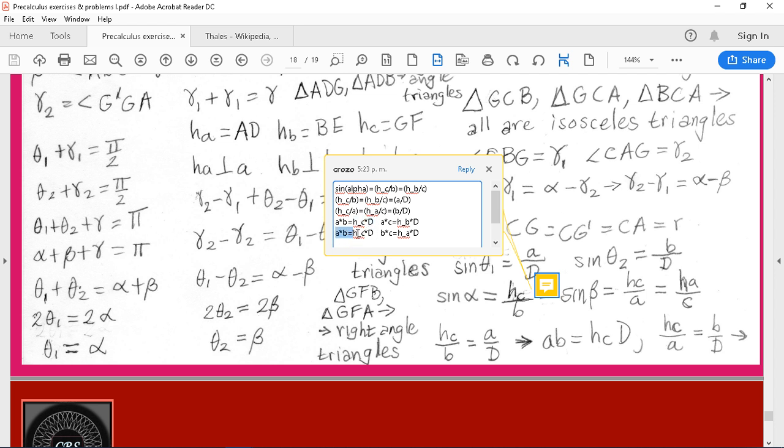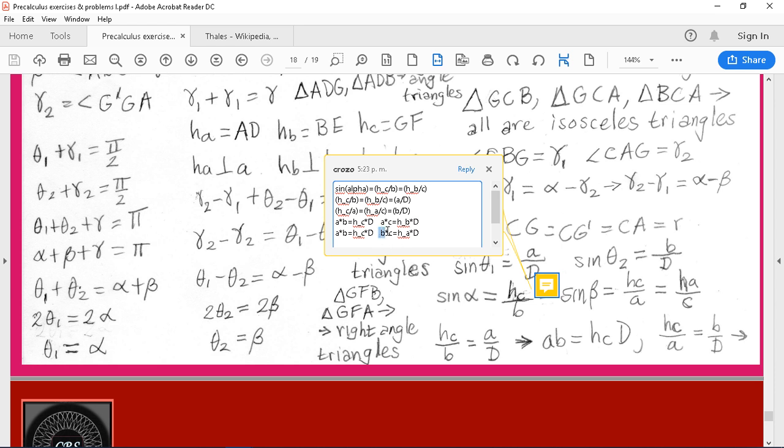And here we have a times c, the third side being b, such that the height traced to b, which is hb, is multiplying the diameter.